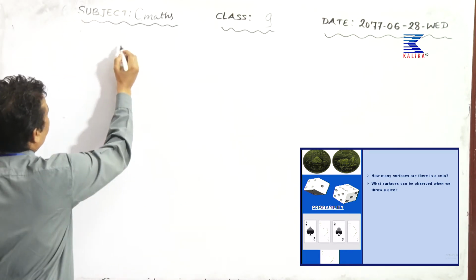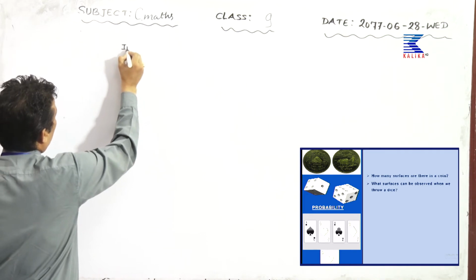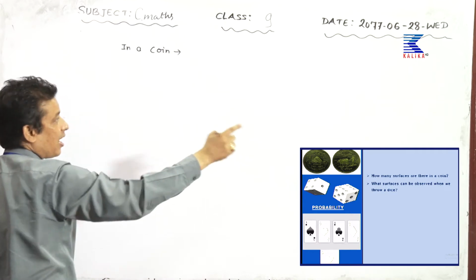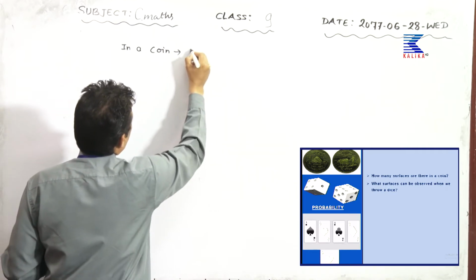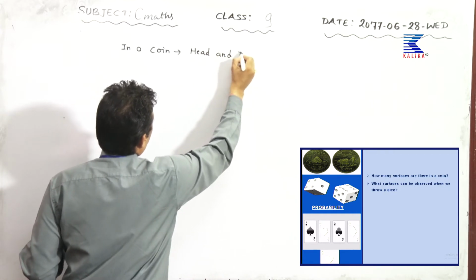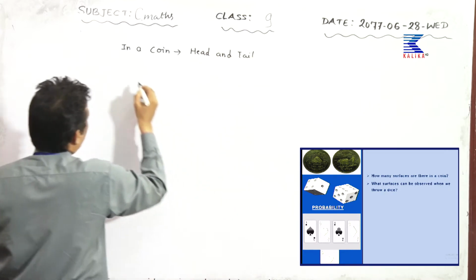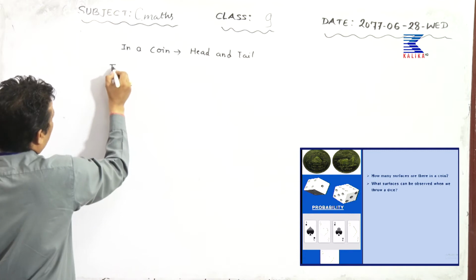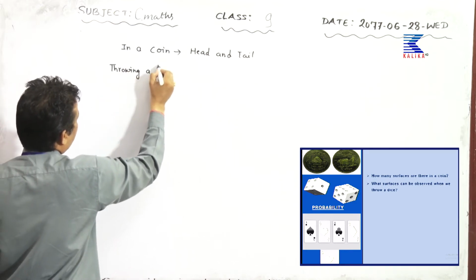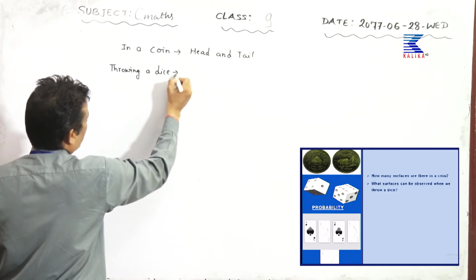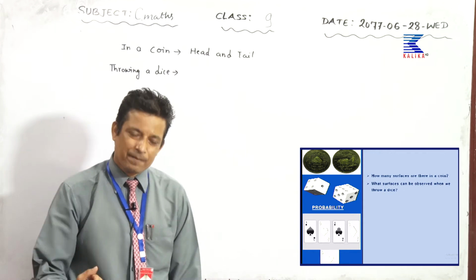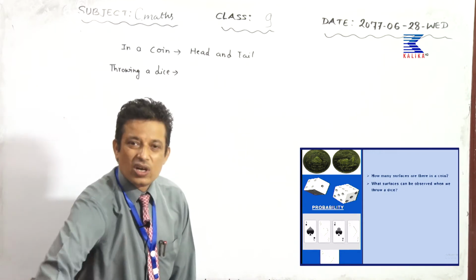It means in a coin, the answer for surfaces is 2 surfaces, head and tail, dear student. And in case of rolling a dice, what surfaces can you observe when you roll a dice?